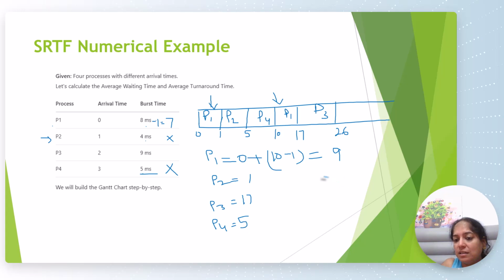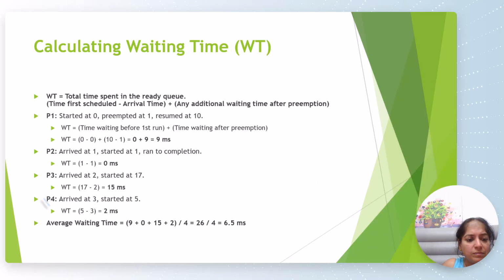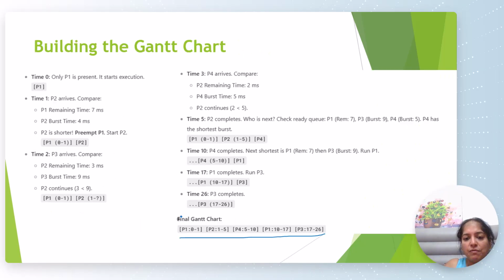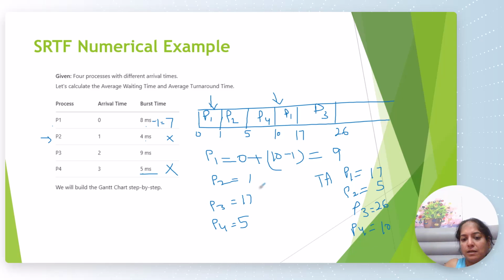If we calculate the turnaround time, for process P1 the turnaround time is 17. For process P2, the turnaround time is 5. For process P3, it is 26. And for process P4, it is 10. So we can calculate the average turnaround time.